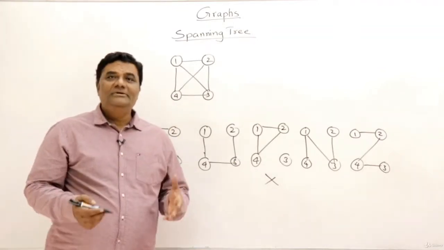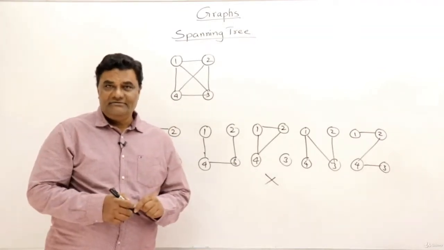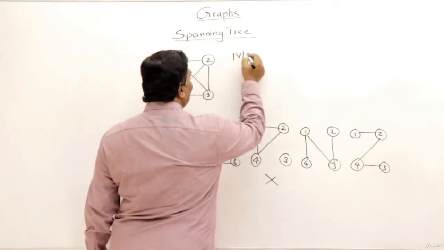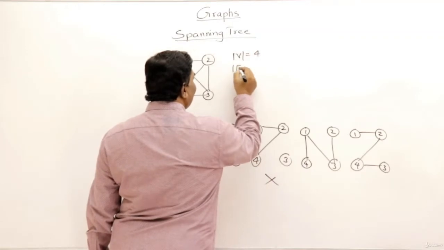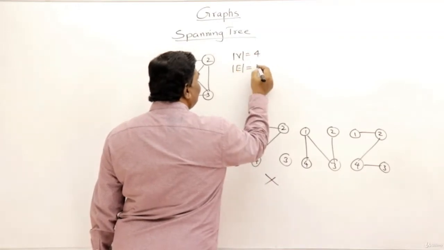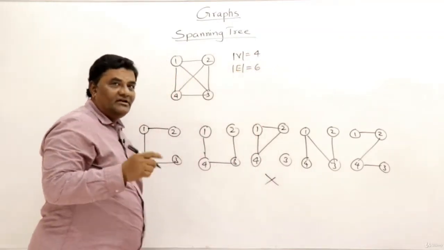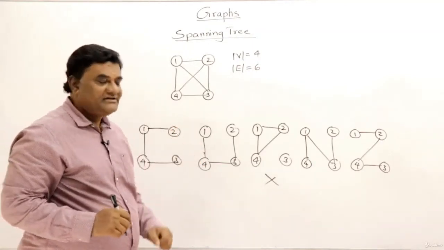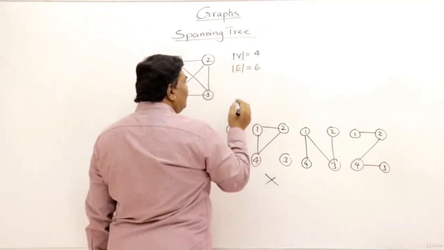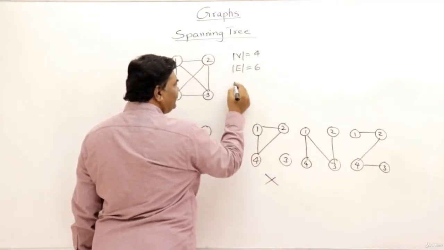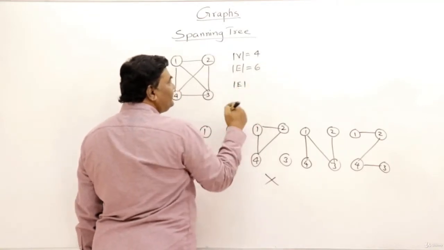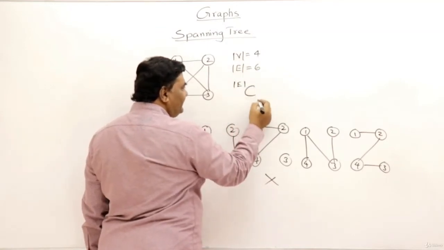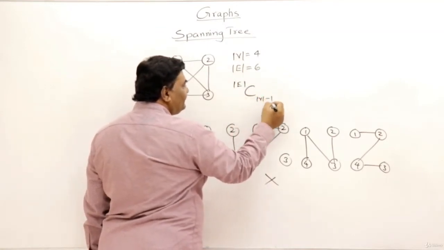Can we calculate how many spanning trees are possible for a graph? Let us see. How many vertices are there? 4 vertices. How many edges are there? 6 edges. For 4 vertices, how many edges must be there? Just 3 edges, meaning 4 minus 1. So from the set of edges, I should select 4 minus 1 edges, that is C(E, V minus 1).